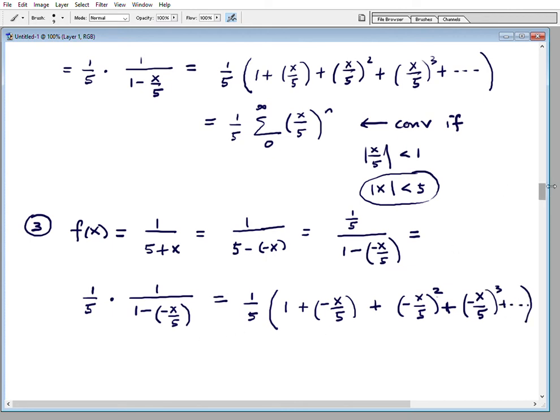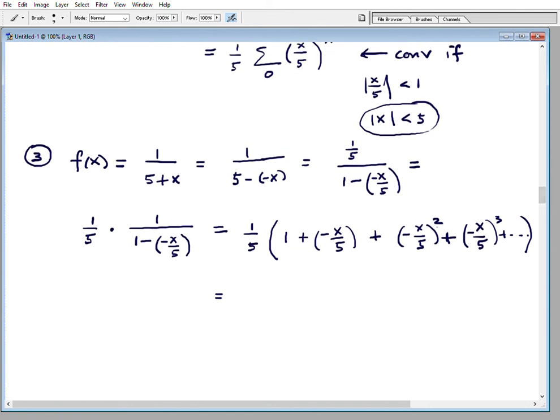So let's rewrite this in summation notation. 0 to infinity. And here we have to the n. And sometimes it's written more like this. Let's pull out a minus 1. Sometimes we write the negative separately, minus 1 to the n separately.